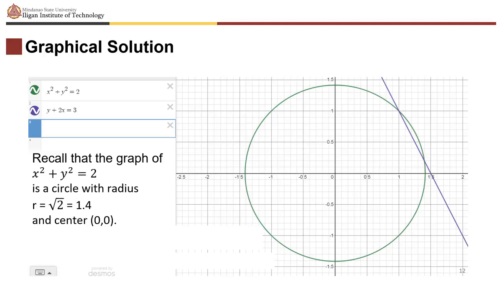Recall that the graph of x squared plus y squared equal to 2 is a circle with radius square root of 2, which is approximately 1.4. The center is at 0. So we have a radius of 1.4, and we're able to sketch this circle.